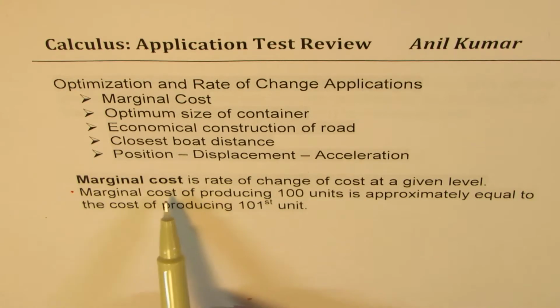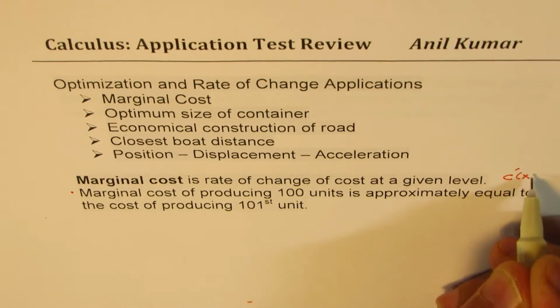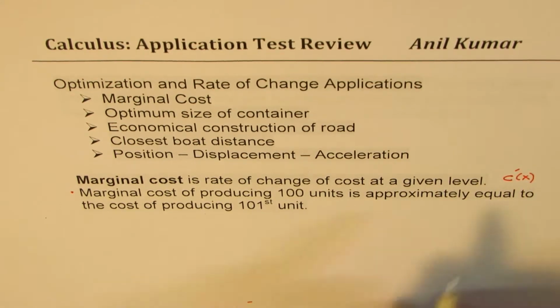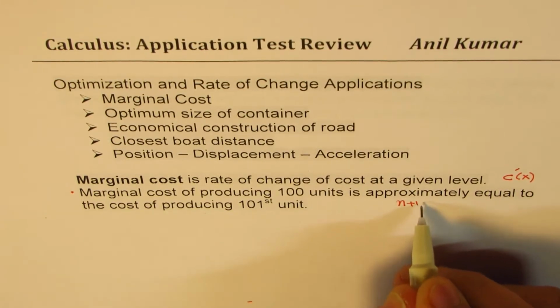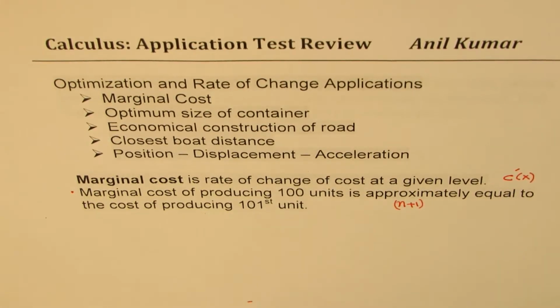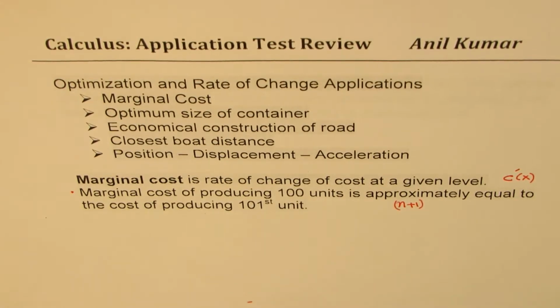Do you understand? So to find marginal cost, we normally will find derivative of the cost, right? That will give you marginal cost, and that will also give you the cost of n plus 1 item being produced, so the cost of the next item. So I hope you understand the concept, right?